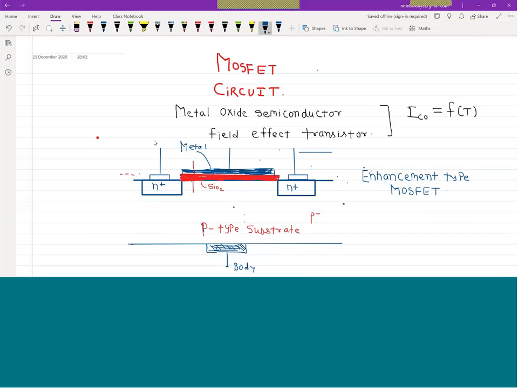This is a three-terminal device. This is a symmetrical device, but this terminal is known as source, which is equivalent to the emitter in the BJT. One more terminal is drain, which is known as the collector in the BJT.